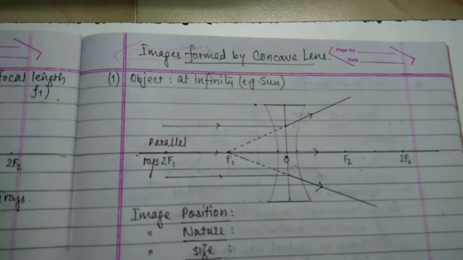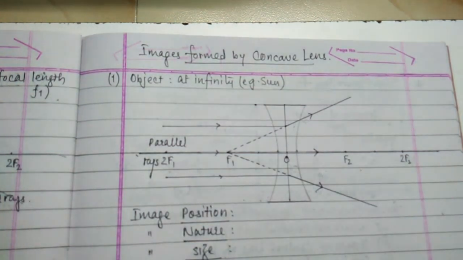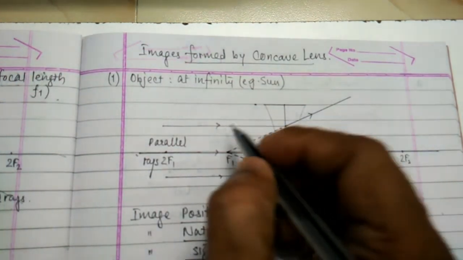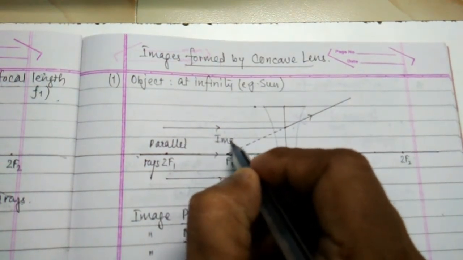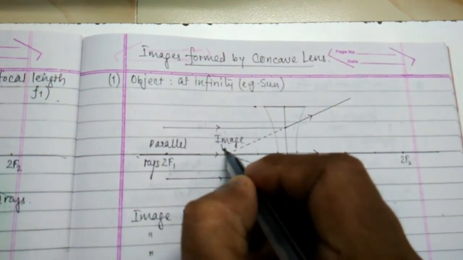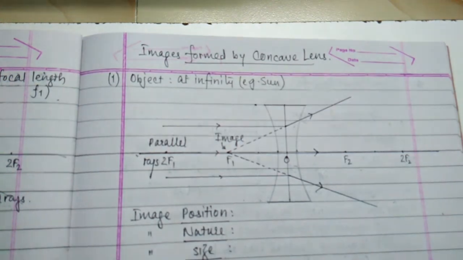So diverging rays do not meet each other. So image is formed at focus F1.